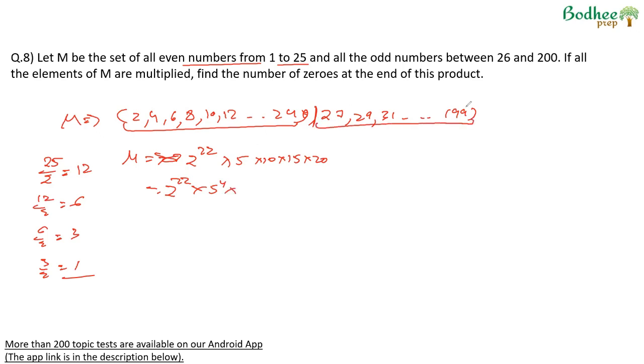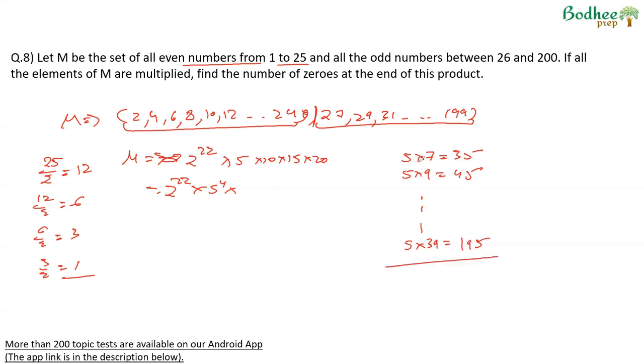Now we are looking at odd multiples of 5 starting from 26. So the first multiple of 5 here will be 5 into 7. Then we'll have 5 into 9 and so on. The last multiple of 5 here, because they're only odd numbers, will be 5 into 39, which will be 195.